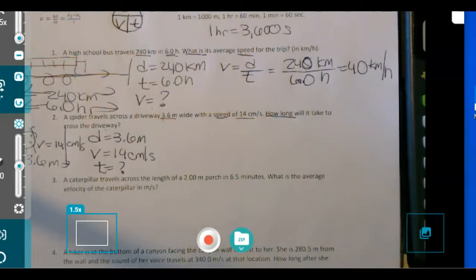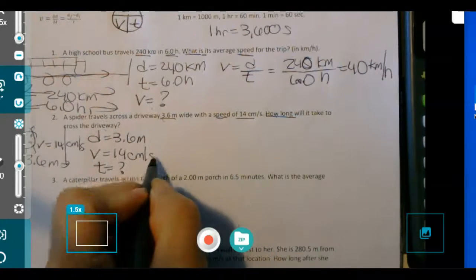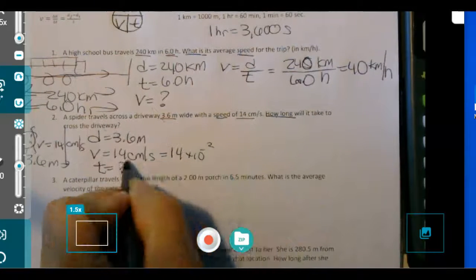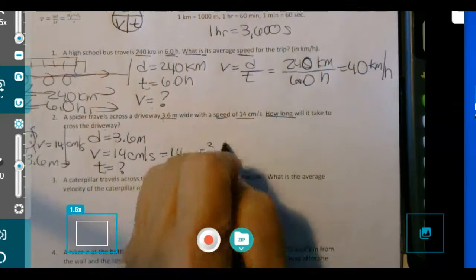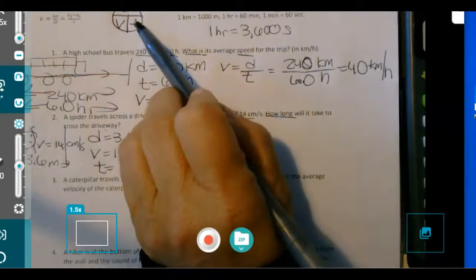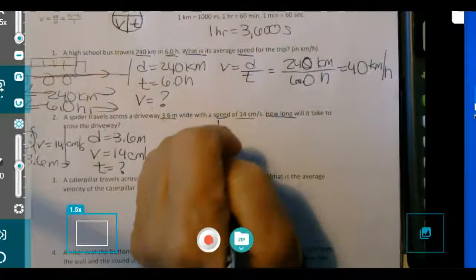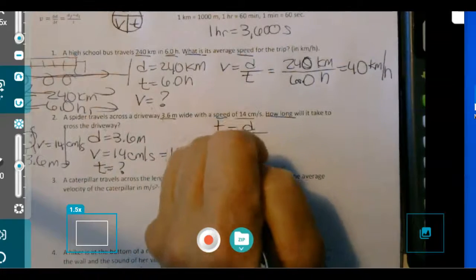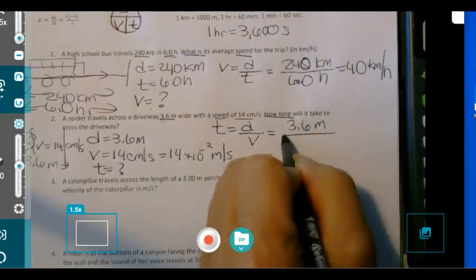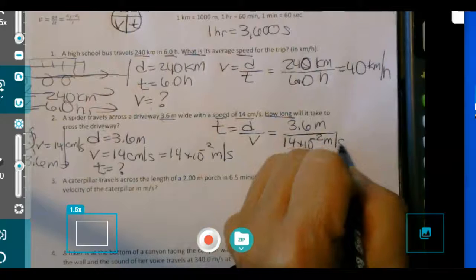Okay. So the first thing I want to do is I see a centimeter here. So I would want to rewrite this before, because centi is times 10 to the minus 2. And then I'd rather put that in the calculator. So then the time, if I look up here, it's going to be distance over velocity. So T is D over V. So I got 3.6 meters, and I'm going to divide by 14 times 10 to the minus 2 meters per second.